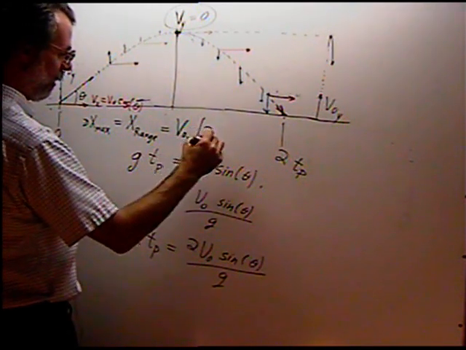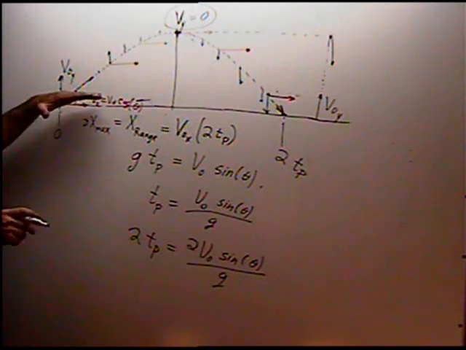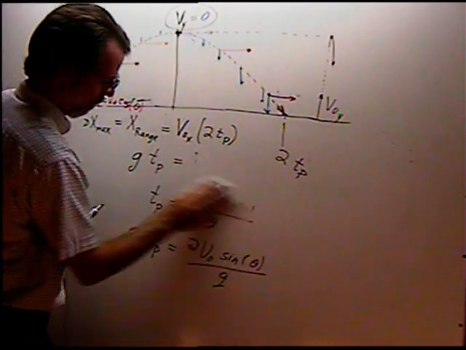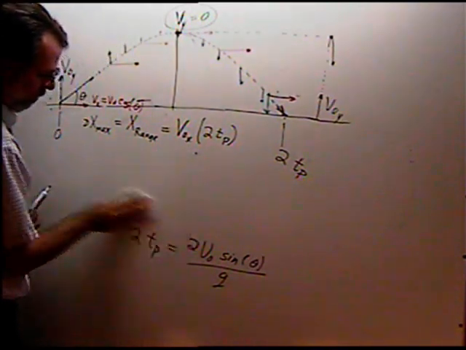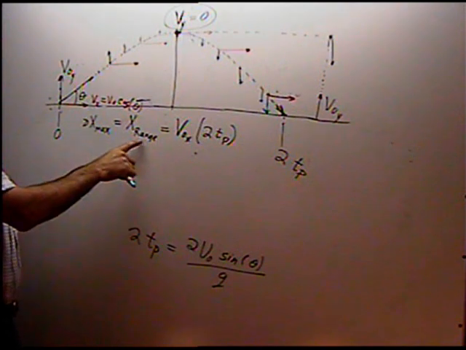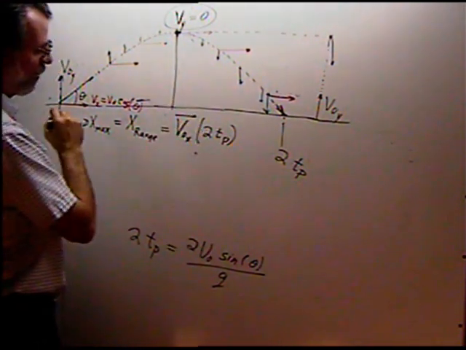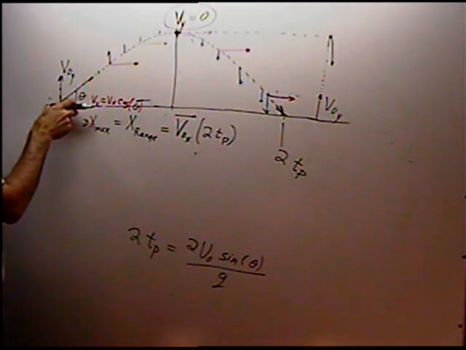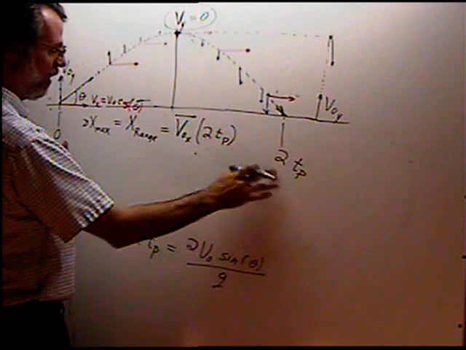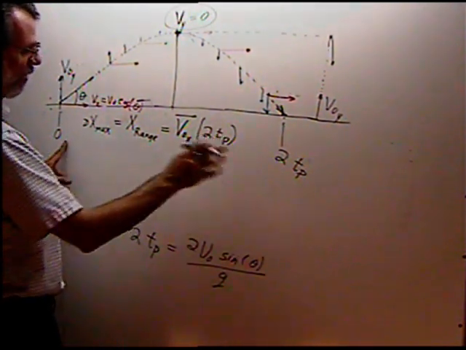The total time is simply 2 times t sub p, from here to here.